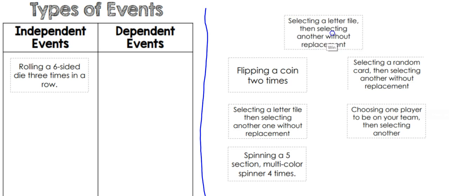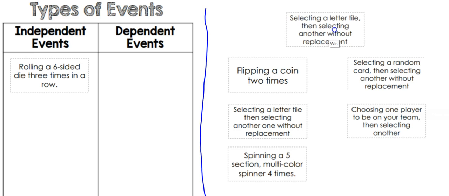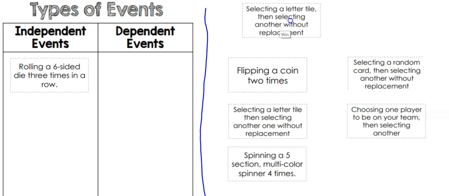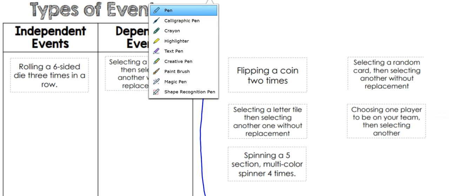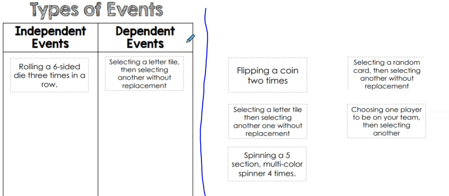Once I take one tile out, that's going to impact my second selection. So this is a dependent event. And a key when you're looking for independent versus dependent is without replacement. When you see without replacement, often that's a clue that it's going to be dependent.